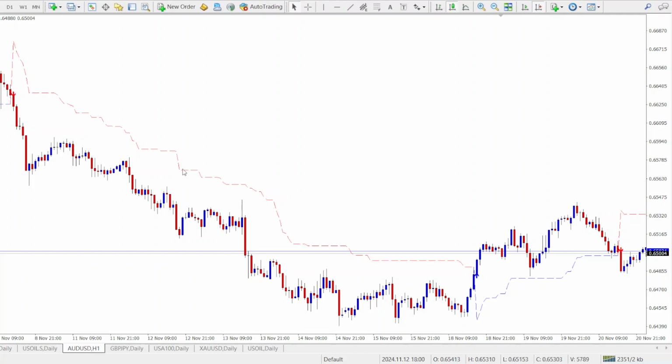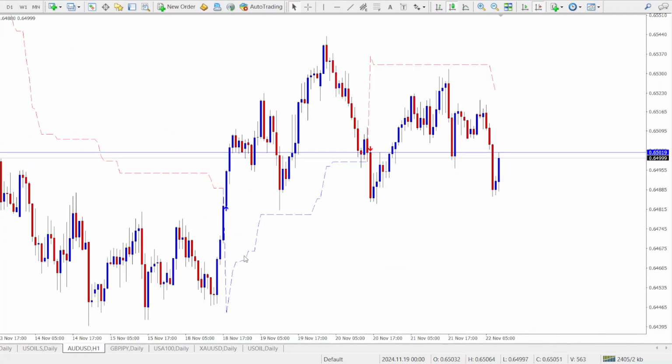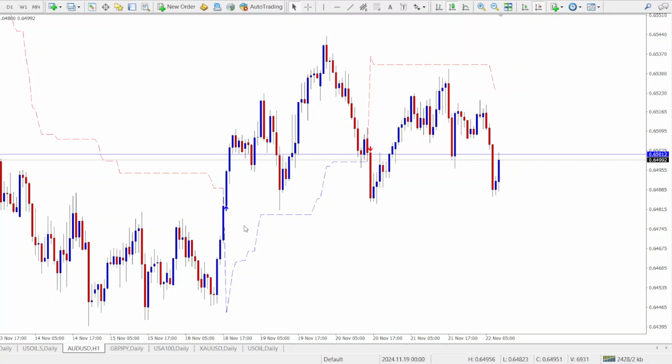When the indicator is above the candlesticks and the color is red and it is trending downwards, it shows that we have a bearish trend. Then when the color changes to blue and the indicator flips to the downside below the candlesticks, it shows a bullish signal. It shows that the trend is now bullish.